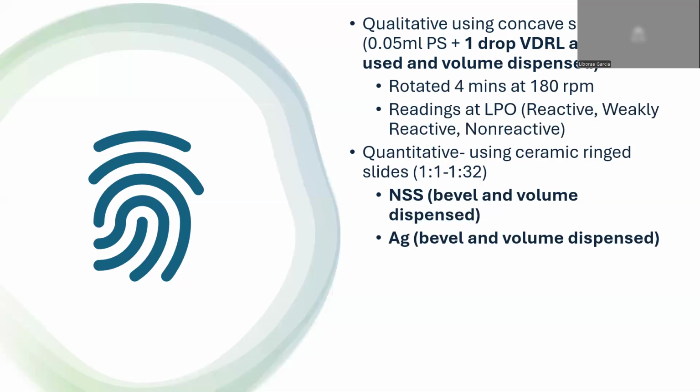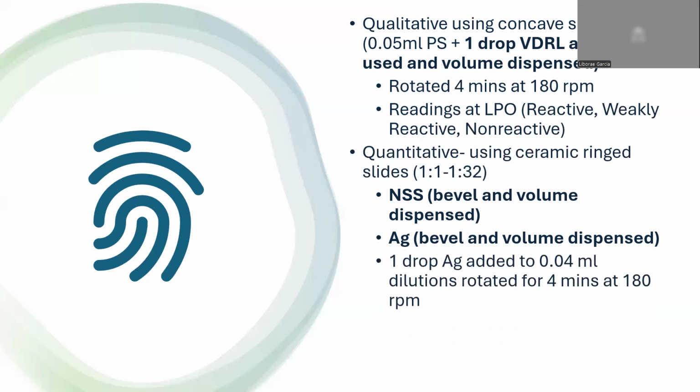So you can still recall the different gauge of the needle used for qualitative and quantitative, because the volume of your serum used is different. So you have 1 drop of antigen added to 0.04 ml of dilutions, rotated for 4 minutes at 180 RPM. Same with your qualitative.